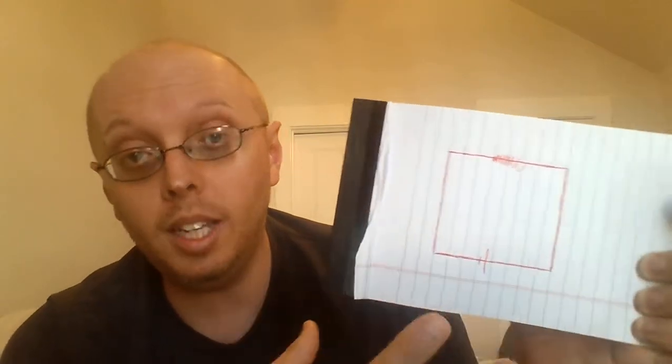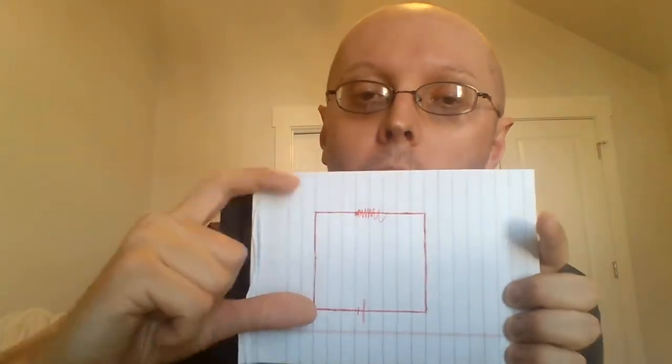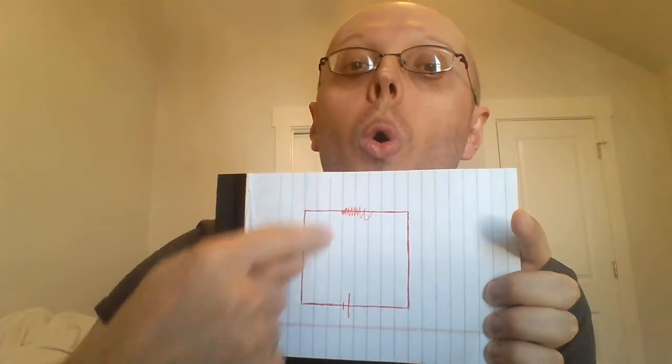Another way you can look at this, instead of looking at each individual section of my wire, you can look at the whole thing. The whole thing has a current that's flowing around in this manner.